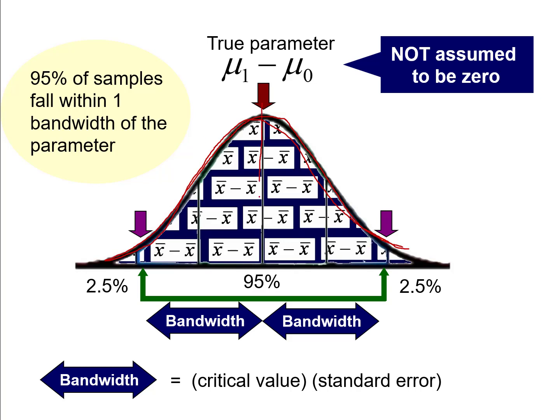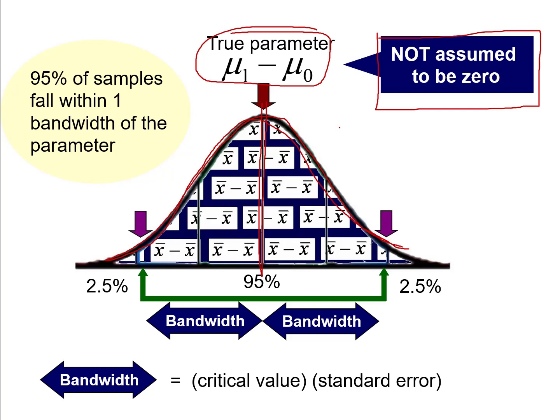And the midpoint of this distribution will be the true population parameter. However, I'm no longer assuming that the null hypothesis is true. I'm no longer assuming that that parameter is 0. In this situation, I simply do not know what the true population parameter is.